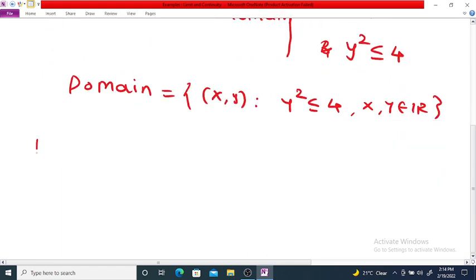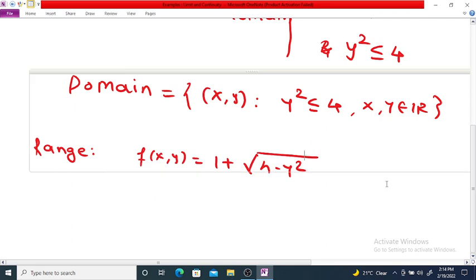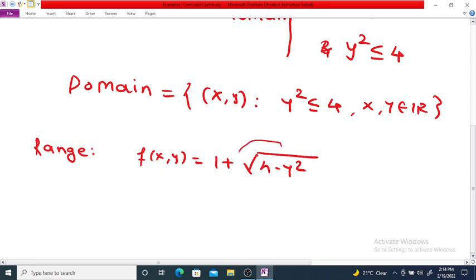Next, range. What is the range of this function? Given f of x, y equal to 1 plus square root of 4 minus y square. Here we know that the range of the square root of 4 minus y square is the closed interval 0 to 2.